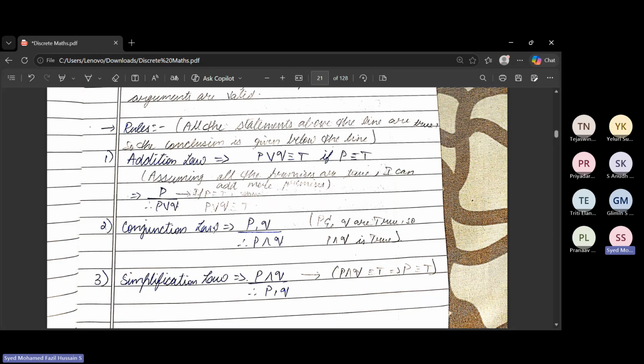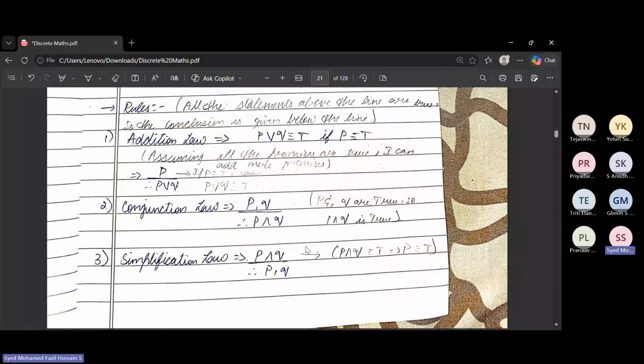And conjunction law is that if P is true and Q is true, then P and Q will be true. If you and P and Q, it will always be true, right? So if P and Q are true, then the conjunction P and Q will be true.